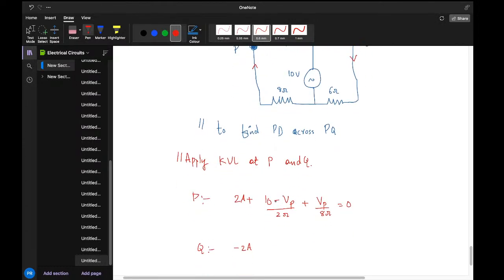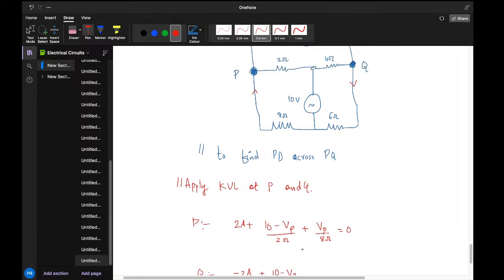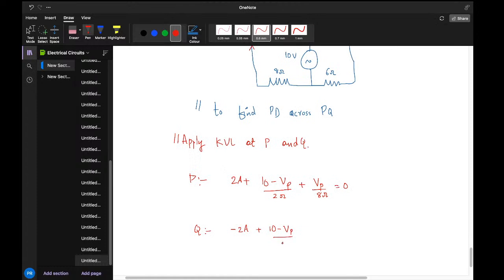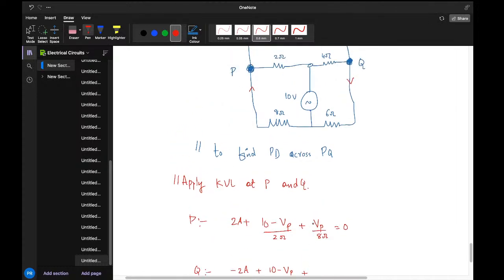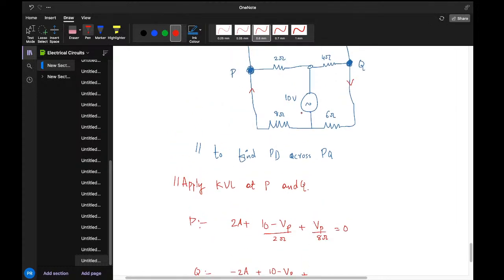Then we have plus 10 volt minus Vp divided by 4 ohm, this is 4 ohms, plus V of P, which is 10 volt over here, and out here we have 6 ohm over here. So it is 10 volt and 6 ohms.